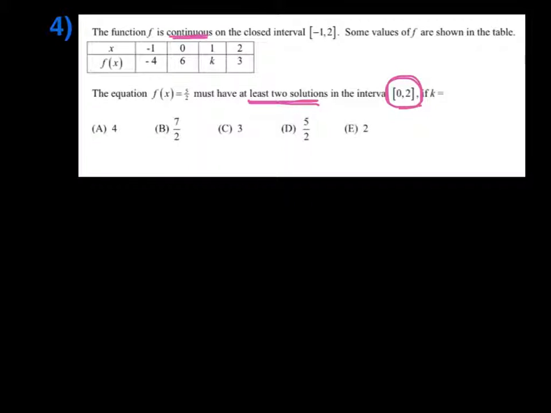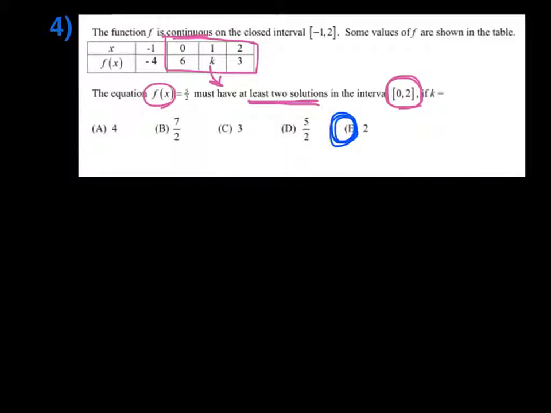So now they're changing the interval from the whole table to only 0 to 2. If k, notice that we have an unknown number here, if k equals what? So what would k have to be in order for there to be at least 2 solutions? In other words, at least 2 times when f of x, the height, was equal to 5 halves. I want you to pause the video, try to come up with this answer on your own, and then see if we agree.